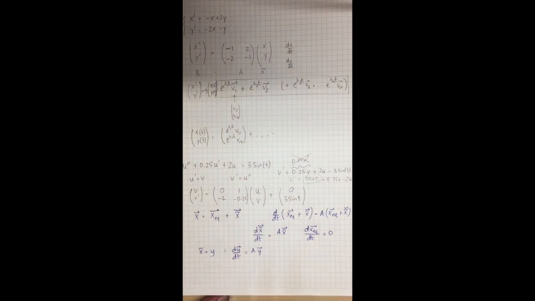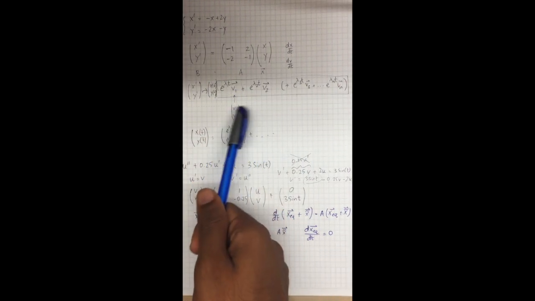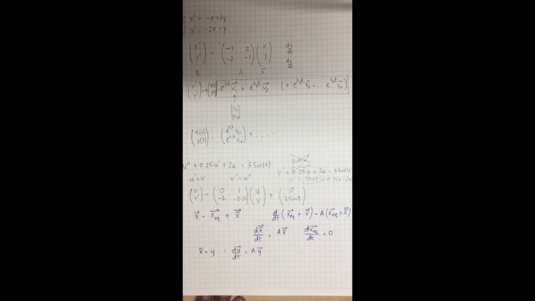So now I have it of the form y prime equals Ay. Now I can use my eigenvalues and eigenvectors to perform this. I've converted this into a simpler form, and now I can perform the eigenvalues and eigenvectors for this differential equation and come up with a general solution of that form.